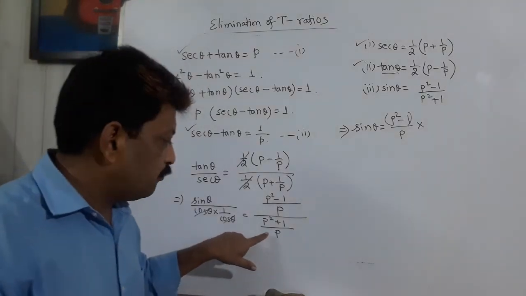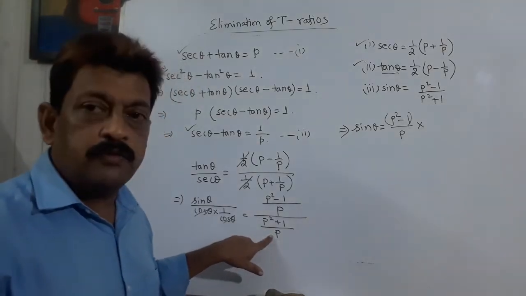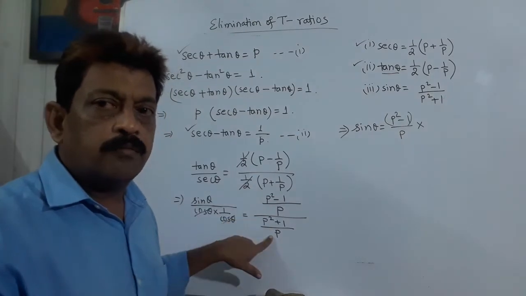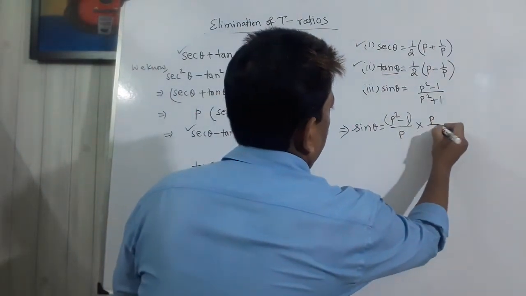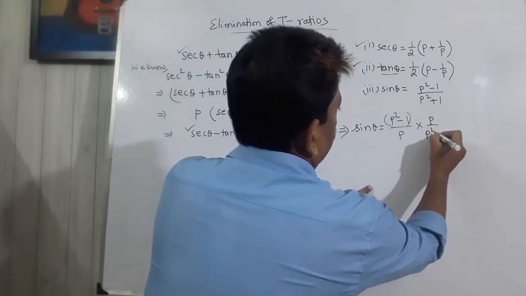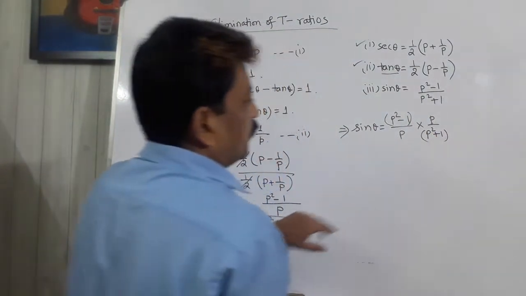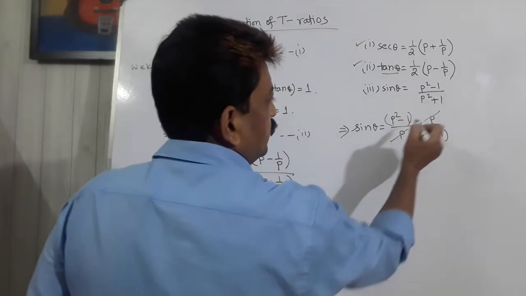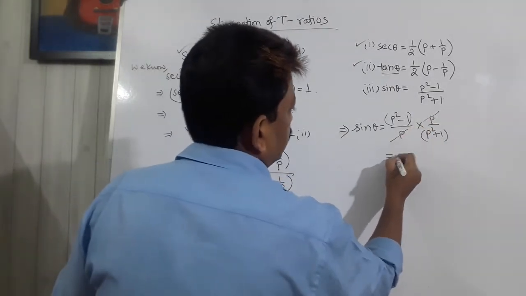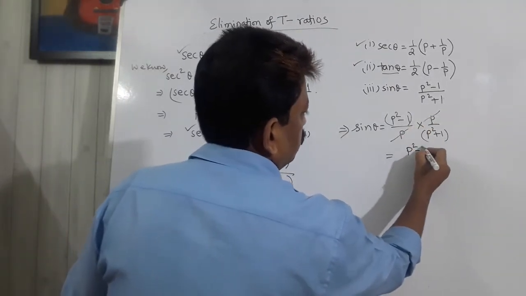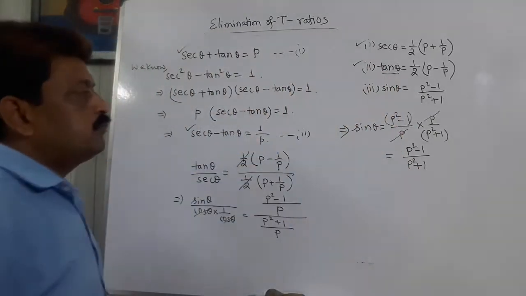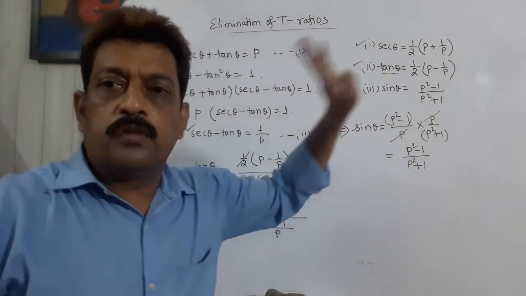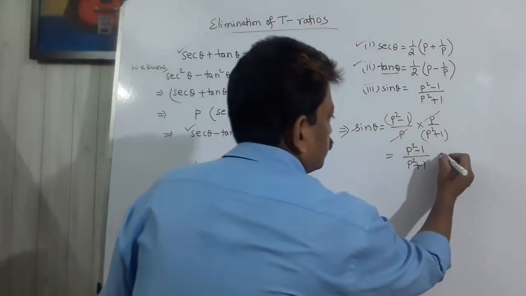It will become p square plus 1 upon p, which will become p upon p square plus 1. If we cancel these two p, we will get sin theta equals to p square minus 1 upon p square plus 1, and that is the thing we have to prove. Okay, so the third one is also proved.